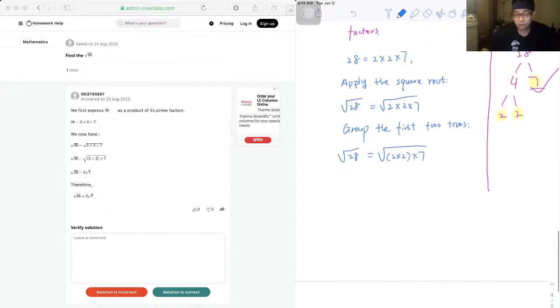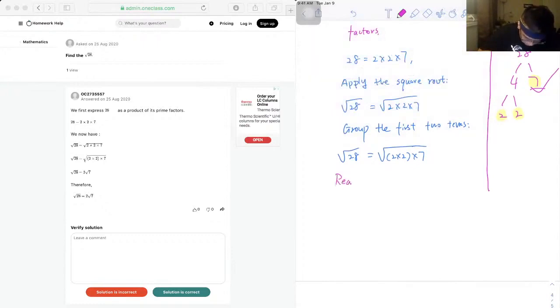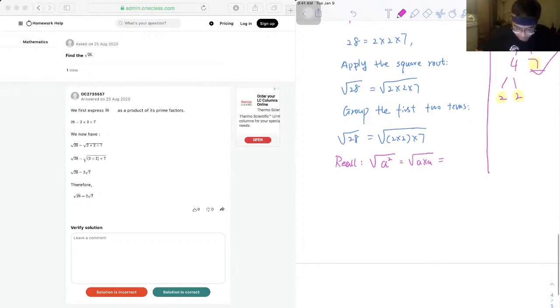And the reason why we're doing this is because a squared is just equal to a times a. If we take the square root of a number squared, it is just going to be equal to the number itself.